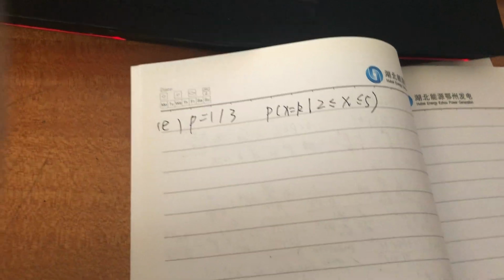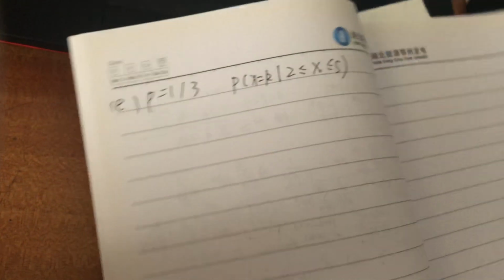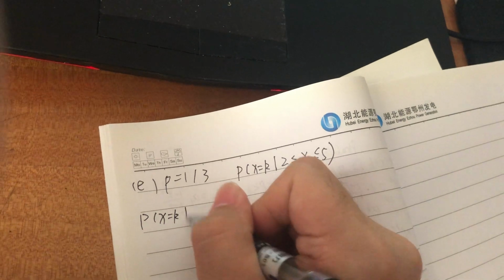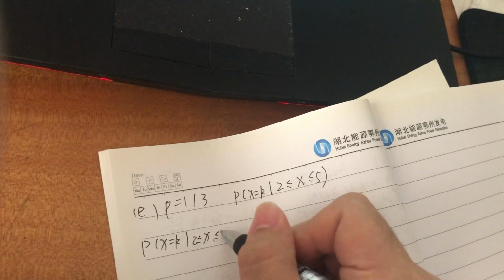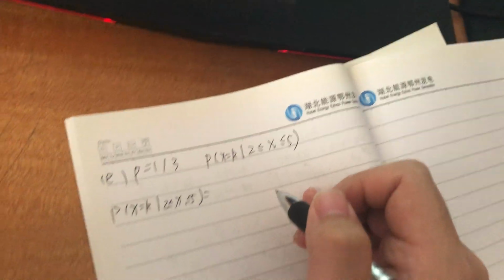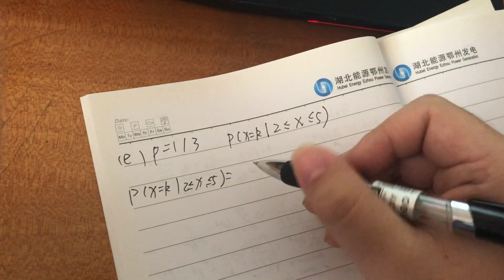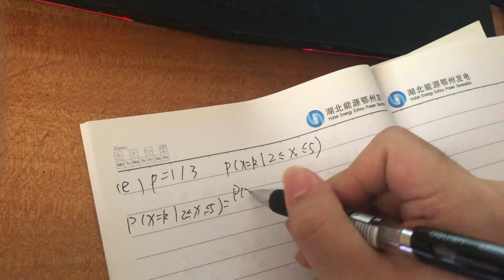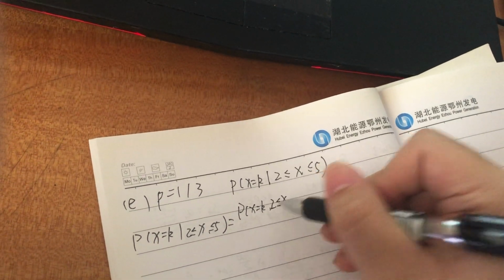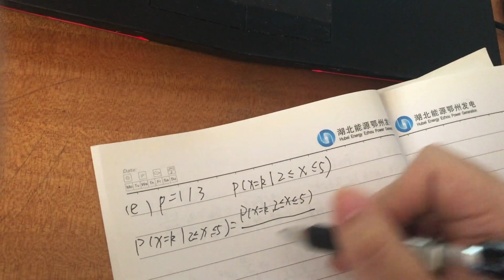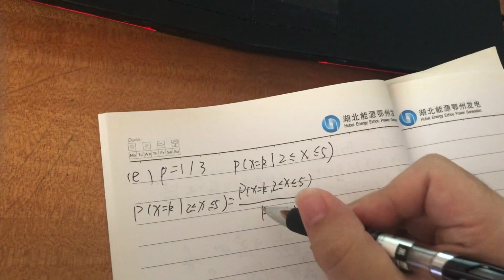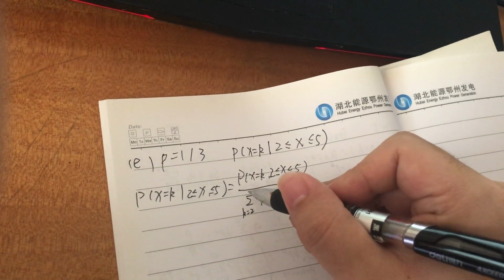Also, for this one, we can easily get a function: the probability X equal to k, where X is greater than 2 and less than 5. According to the lecture content, we can get this equal to the probability X equal to k, when X is greater than 2 and less than 5, divided by the sum of the probability X equal to k, for k from 2 to 5.